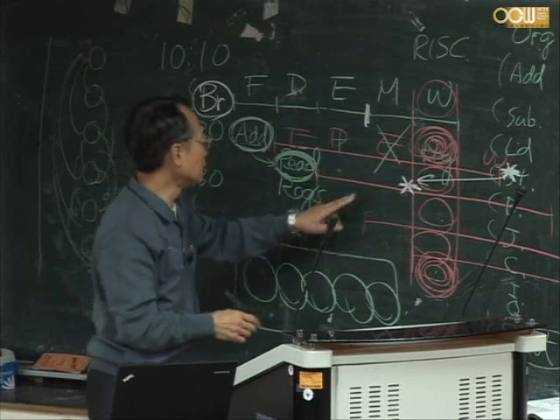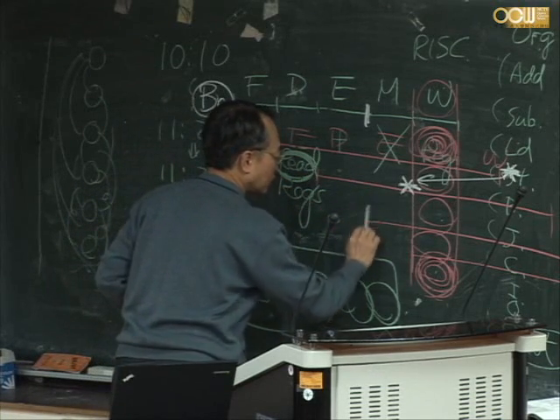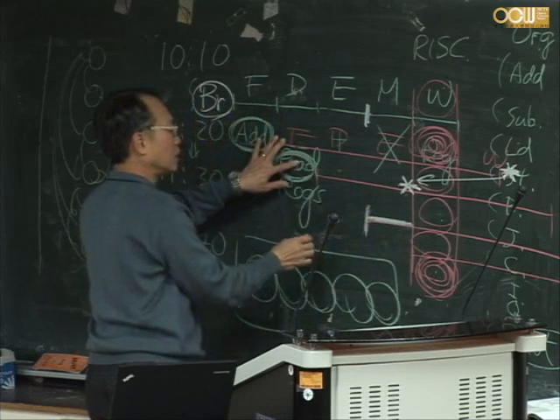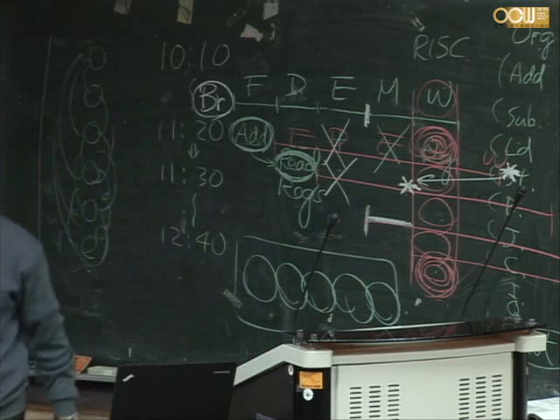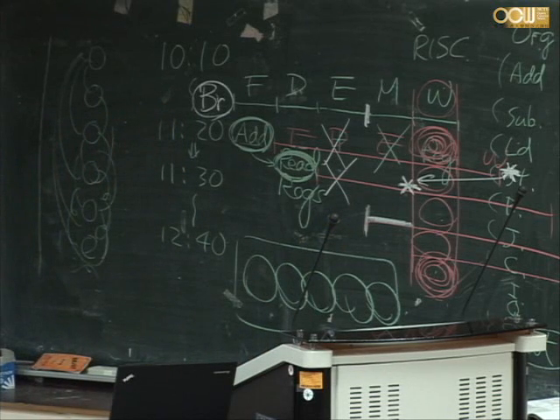And at this point, you begin to fetch the correct instruction if these two are wrong, and you will have to kill these two, wasting the previous effort. This is the third difficulty.